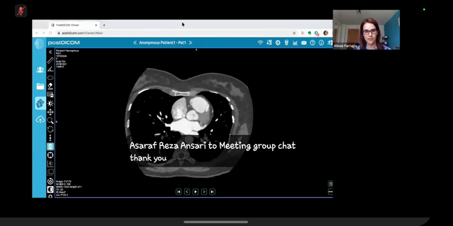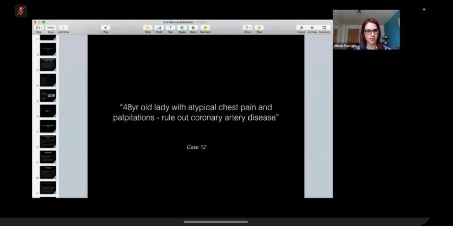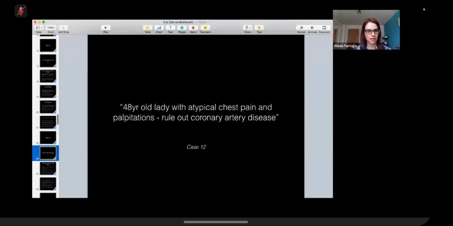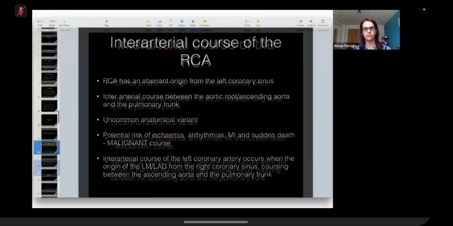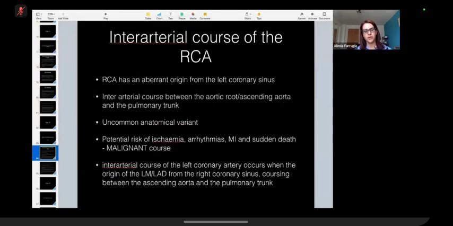Let's go through that. Okay, so this is the interarterial course of the RCA, where the RCA has an aberrant origin from the left coronary sinus. It courses between the ascending aorta and the pulmonary trunk.